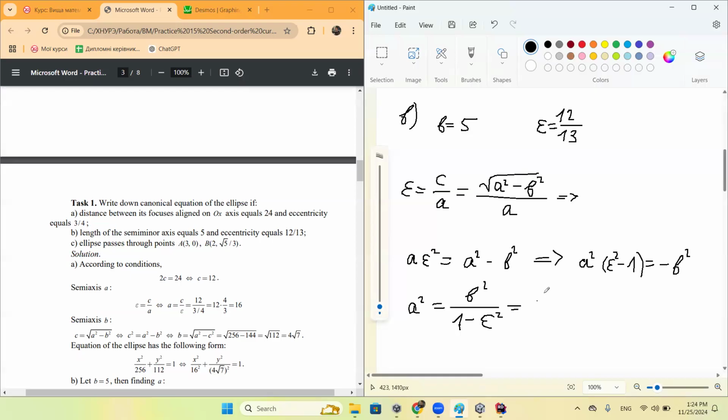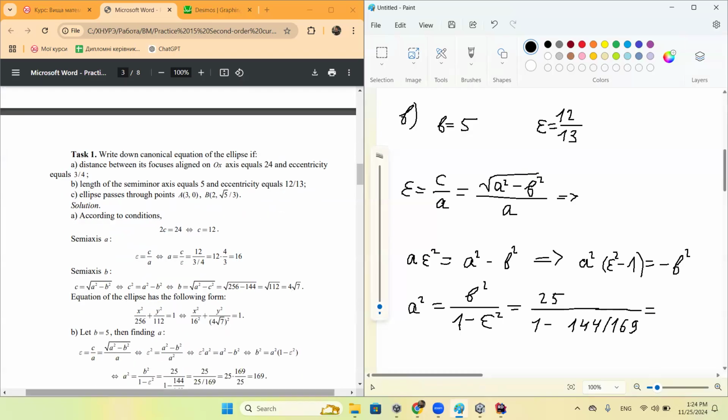And what does it equal? So 25 divided by (1 minus 144 by 169). And let me not calculate everything. Yeah, so it equals 169.